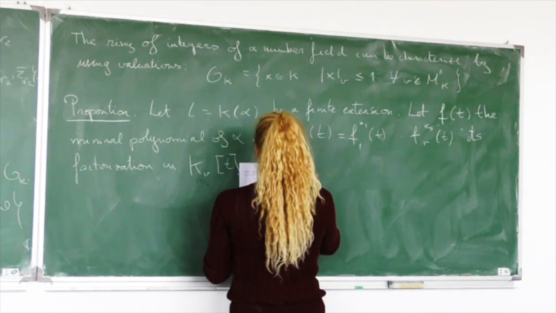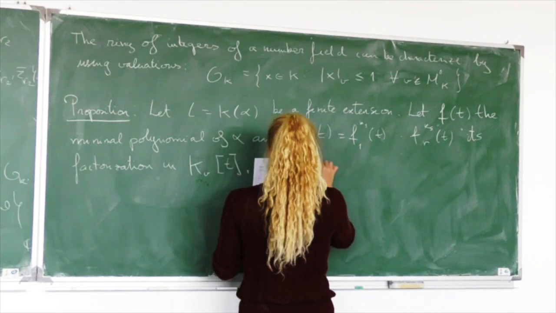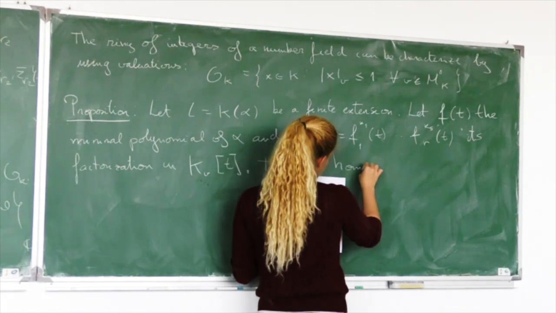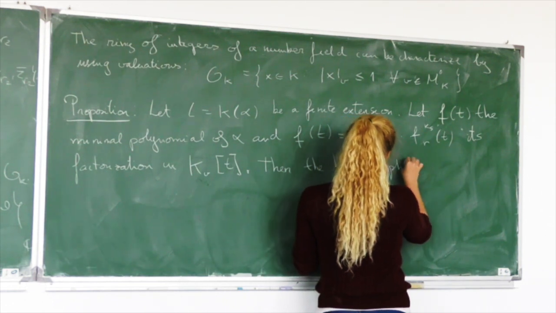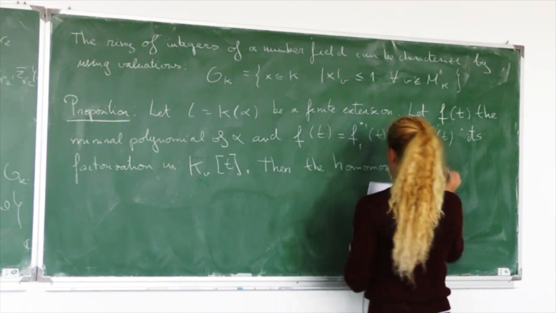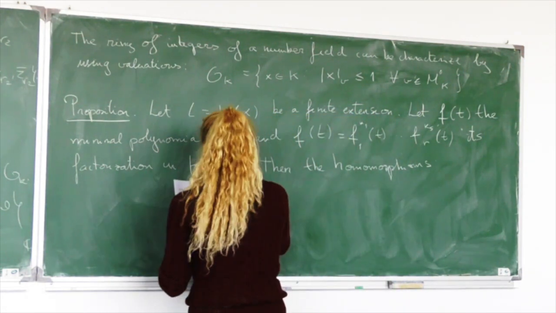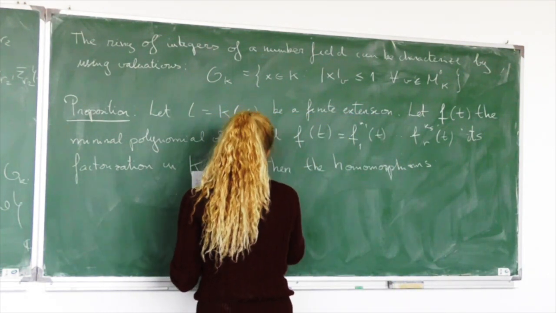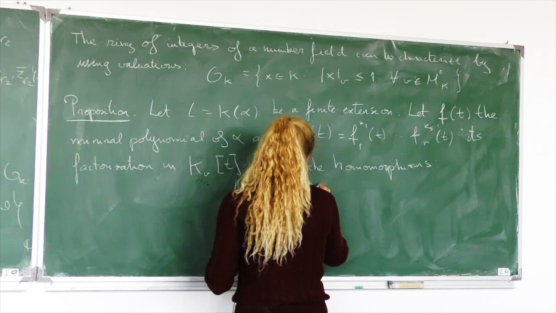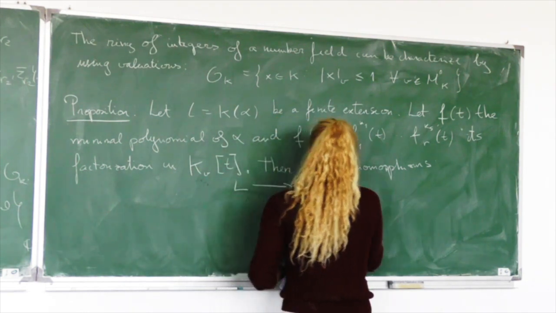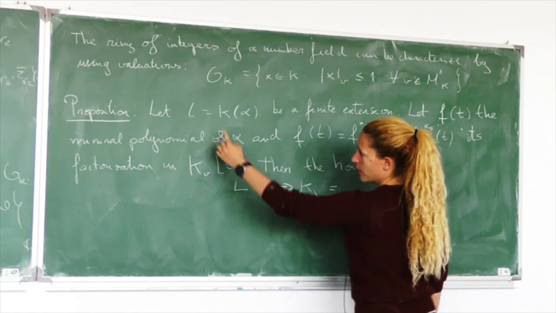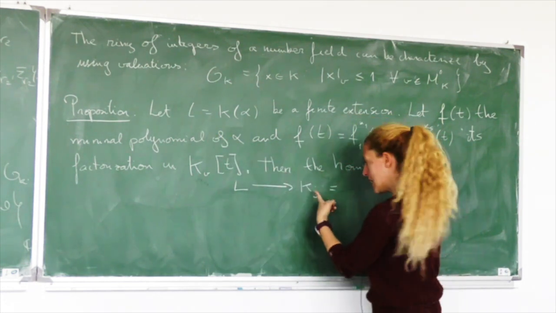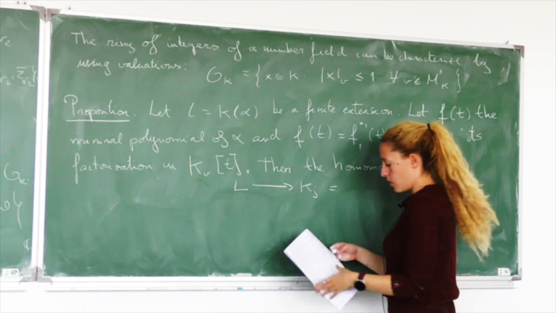Then, the homomorphism that I define here, from L to K_j, is a field homomorphism from L, that is the field I'm starting with, into some fields that I'm going to define now.